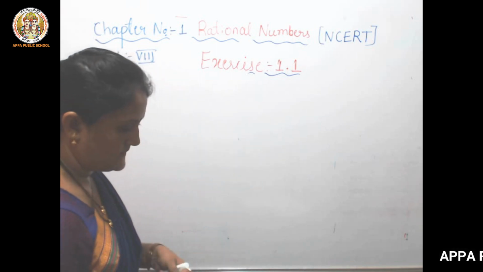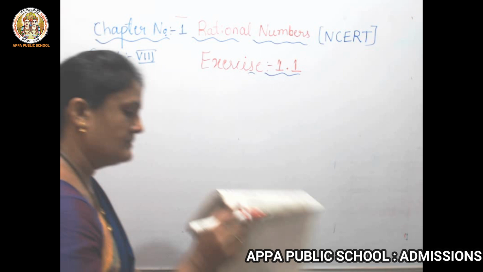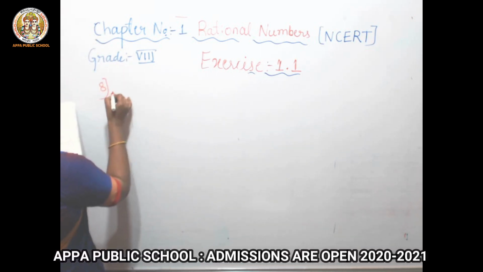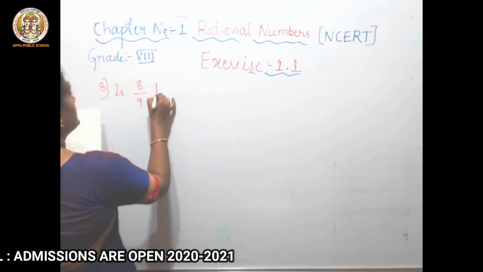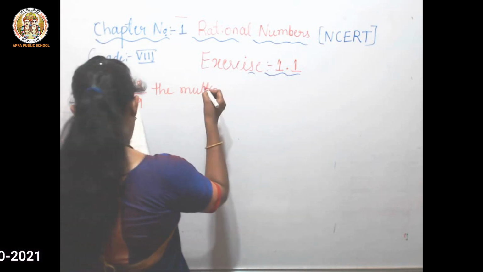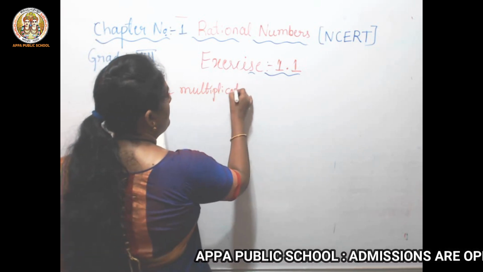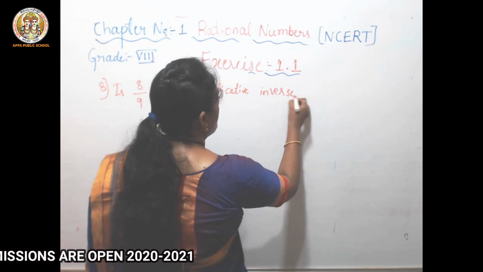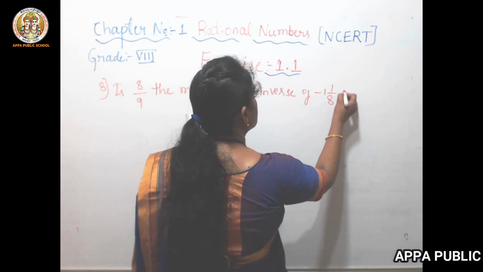Question number 8. Is 8 by 9 the multiplicative inverse of minus 1 by 8?